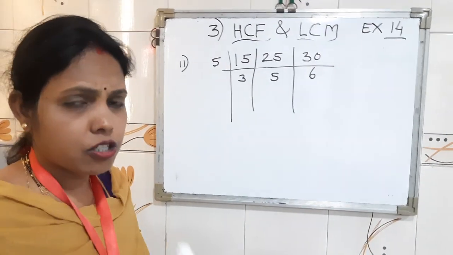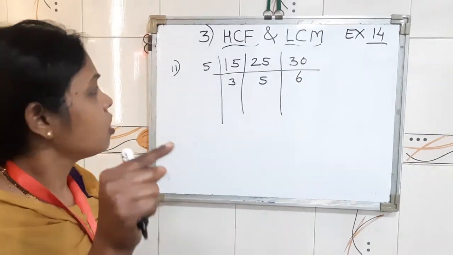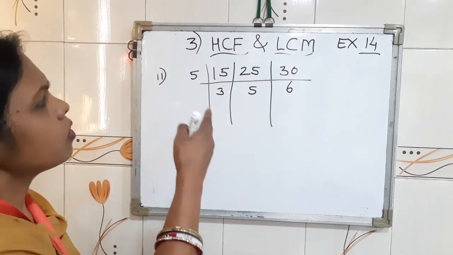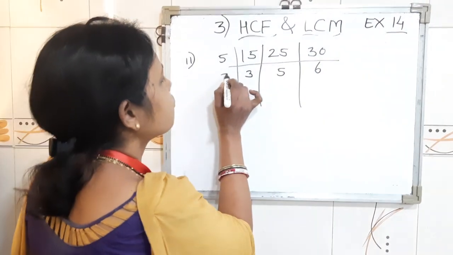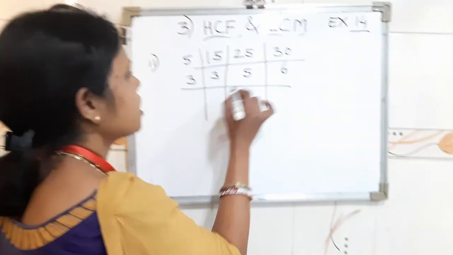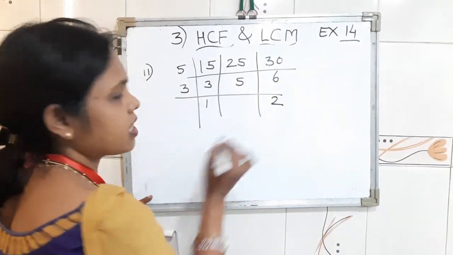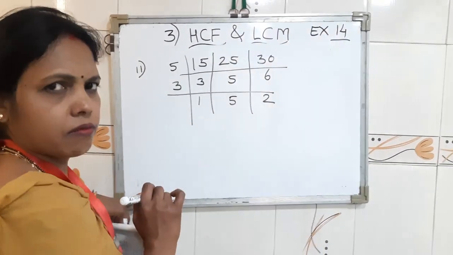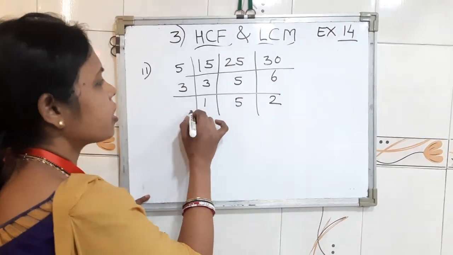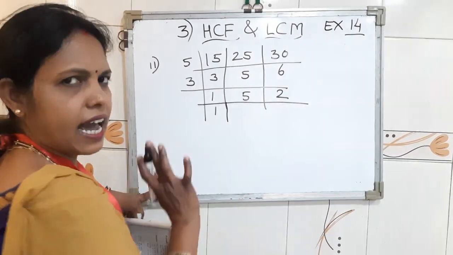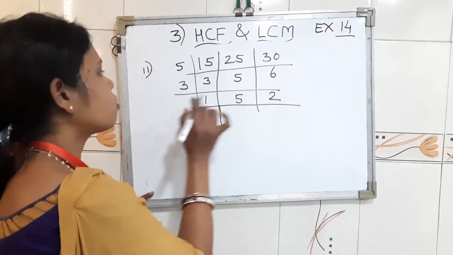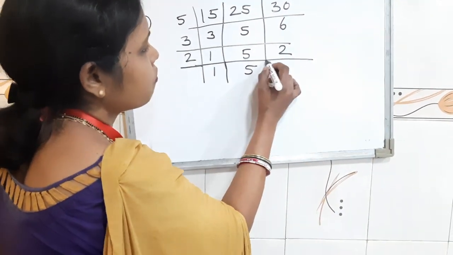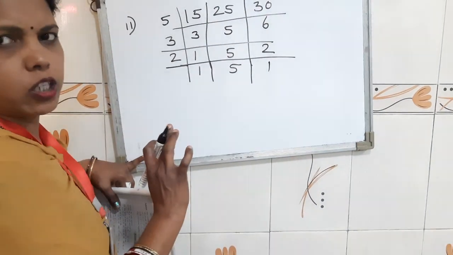Now the question was asked to find out the LCM, and because of that we will solve further. For the next number we will take 3. 3 ones are 3, 3 twos are 6, and this 5 will not be divided, that's why we write it as it is. Next one, here we already got 1, so write 1 as it is. Next you can write 2 also and 5 also. 5 remains the same. For 2, 2 ones are 2, you got 1.